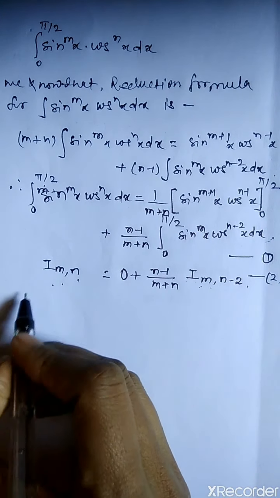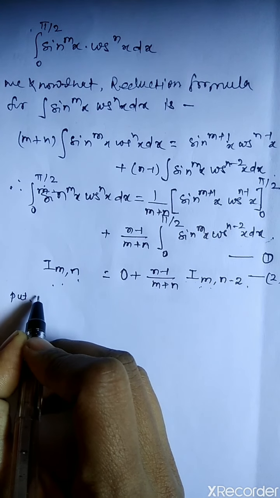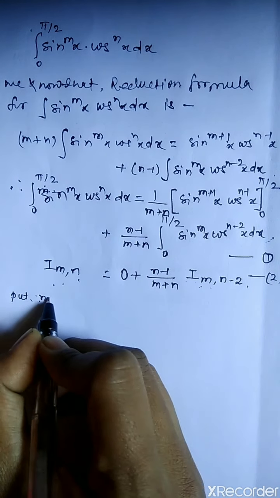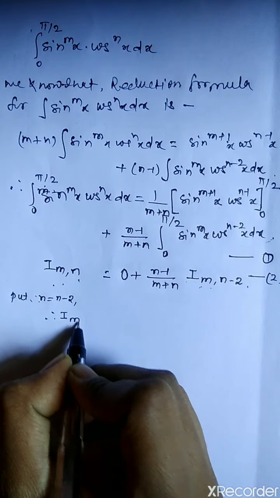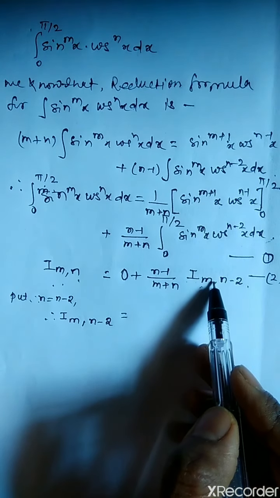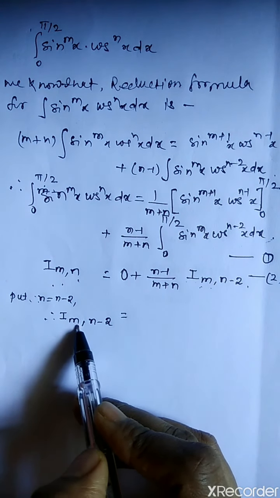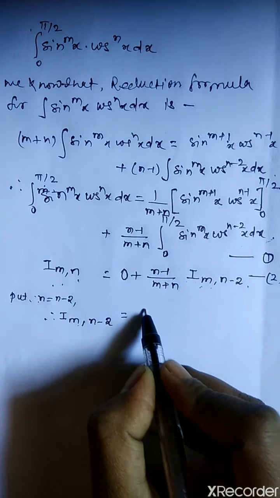Now we have to find the preceding values of I m, n minus 2 and thereafter and so on. So therefore, what we put here, we put n equal to n minus 2. Therefore, what we get is I m, n minus 2. There is no change in the value of m, that's why we have not put any value for m. It's itself m. So I m, n minus 2 equals to, this value is equal to what?